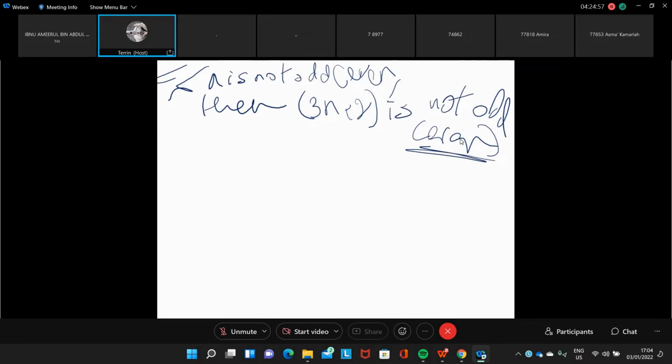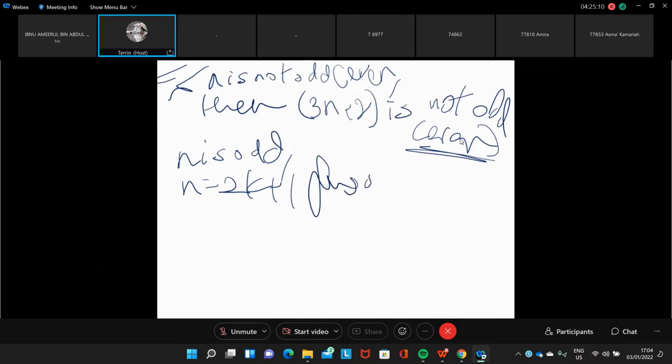So assuming n is odd, we have n equals to 2k plus 1 for some arbitrary integer k, right?